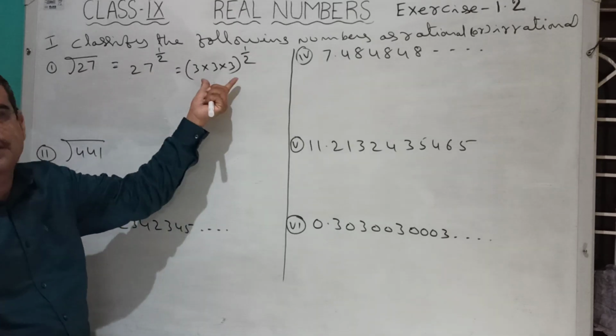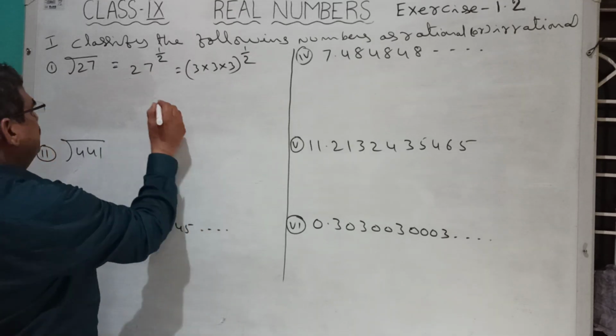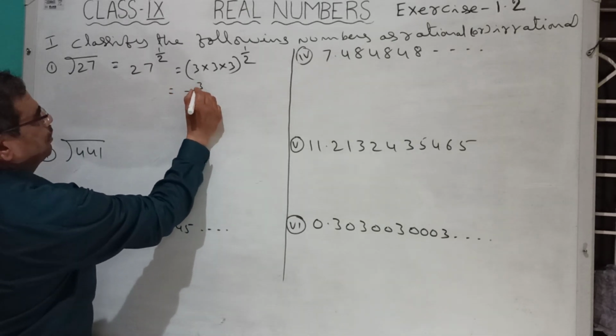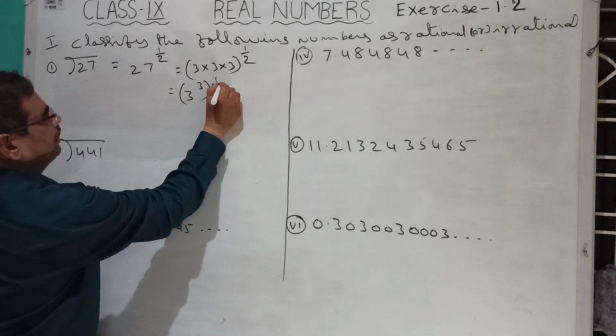So 27 can be written like this. In the next step, that is equal to 3 power 3, whole power 1 by 2.